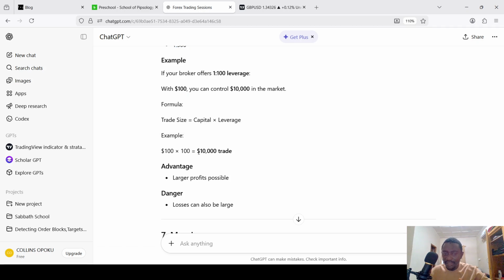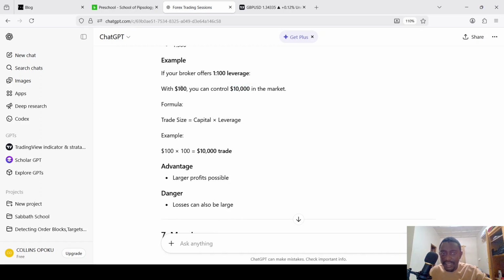So let's take this example. You have $100. With $100, they are saying you can control with 1:100 leverage. The broker is offering you this leverage. It means if you have $100, you can control $10,000. How?